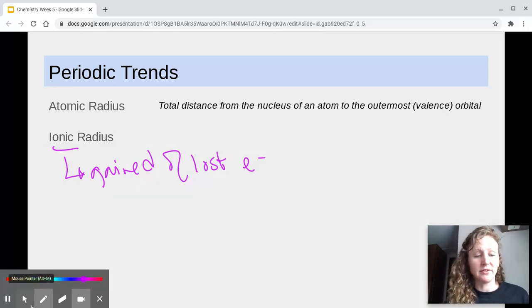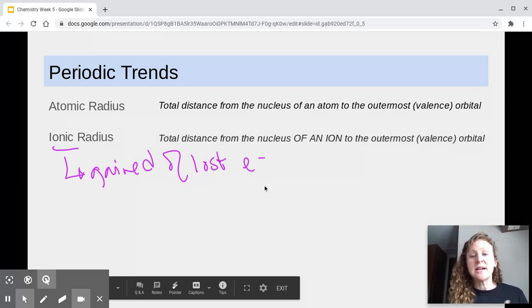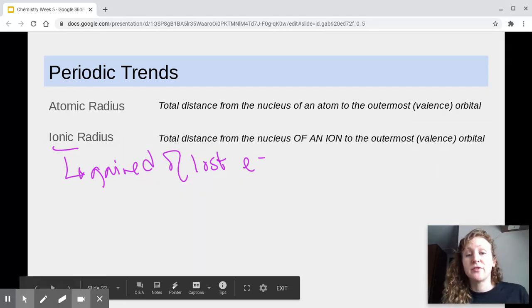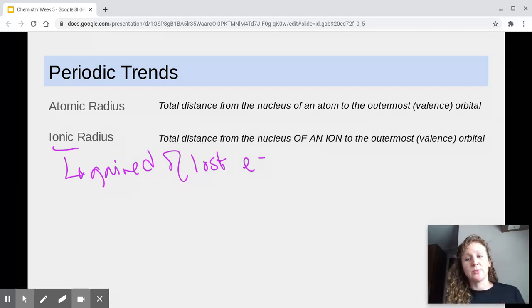If we look at the definition of an ionic radius, it's the total distance from the nucleus of an ion to the outermost valence orbital. So the definition is almost exactly the same, but that idea of gaining and losing electrons can cause really drastic changes in the size of the ion when you compare it to the parent atom.